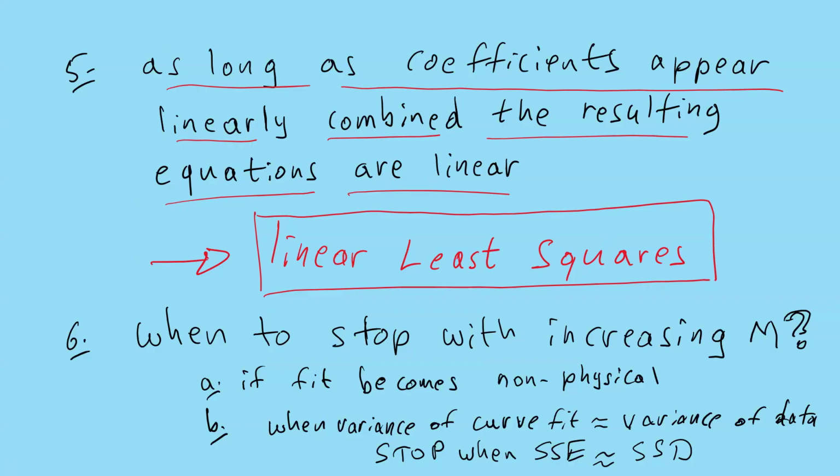We stop increasing the order of the polynomial function, or the order of other functions, when the fit becomes non-physical, or when the variance of the curve fit is approximately equal to the variance of the data, meaning when the SSE is approximately equal to the SSD.